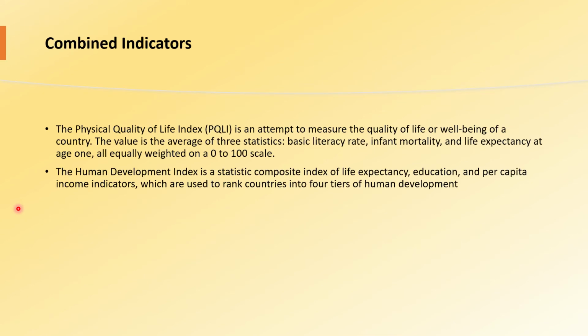There is a third category of development indicator, and those are called combined indicators. One of the problems with using any of the indicators I've just described is that on their own, they don't really say very much.